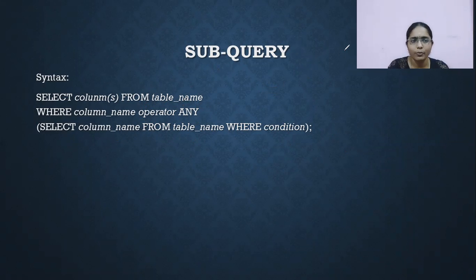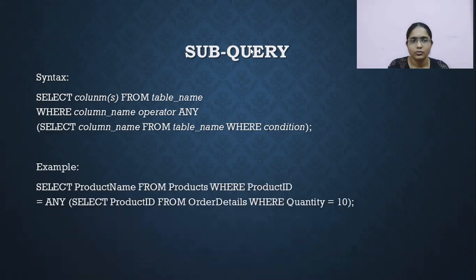Let me give some example to make it clear. Look at this example. Select product name from products where product ID assigned any, followed by a subquery: select product ID from order details where quantity assigned 10.